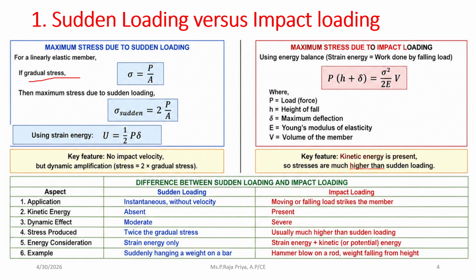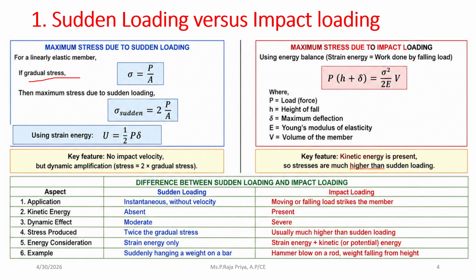And the strain energy will be half P into delta. In case of impact loading, the strain energy, we have already seen the work done will be equal to the work which is stored. So just you can see this formula, and this will be explained in the further slides.